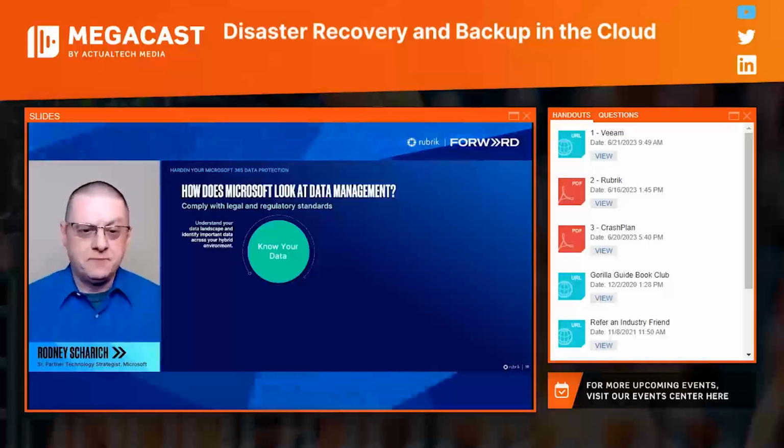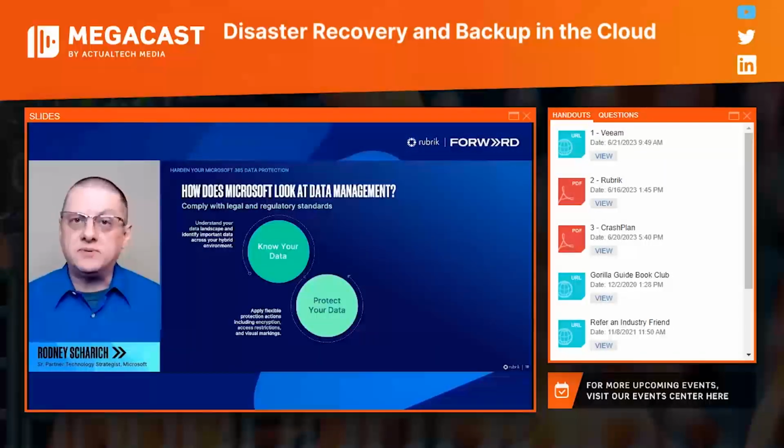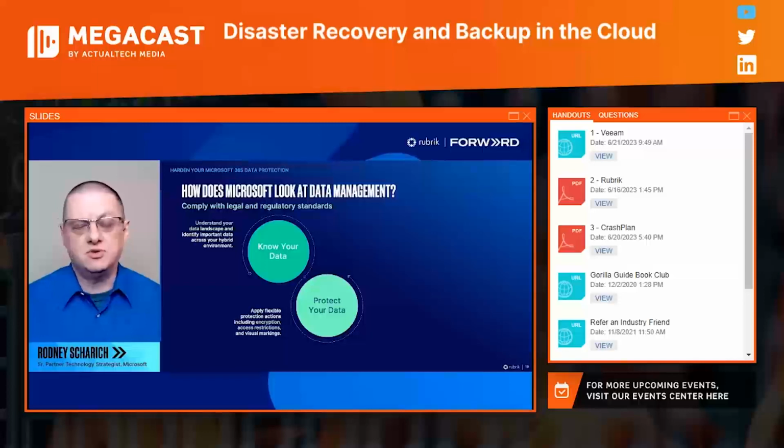After that, you want to make sure it's well protected, encrypted at rest and in transit. You also want to make sure the right people have access to the right data and that the data is marked properly, so they understand whether it is internal only data or can be shared externally, etc.